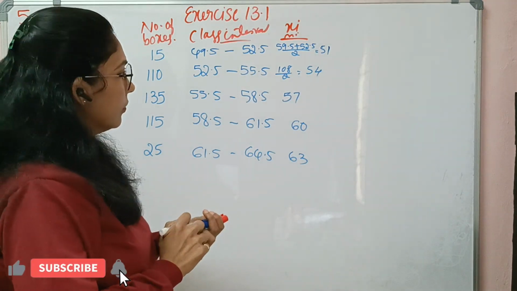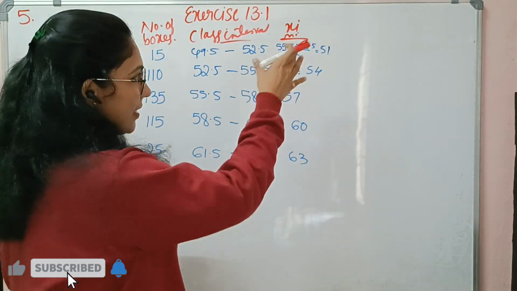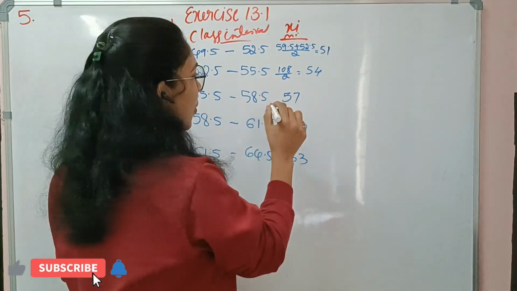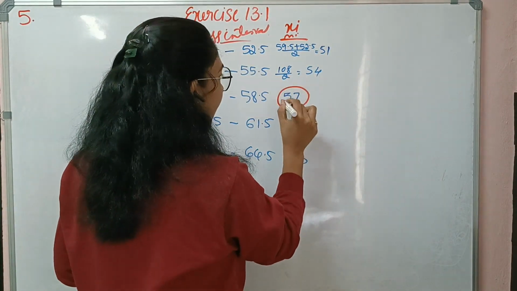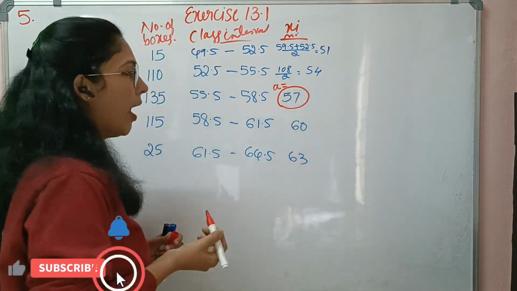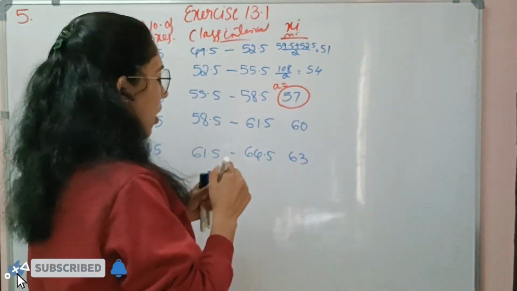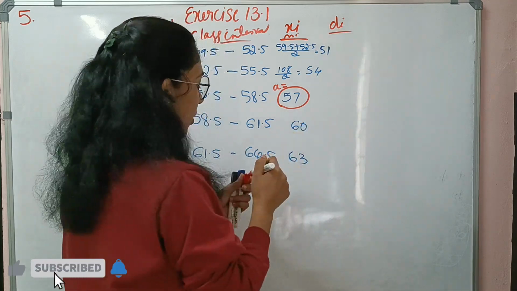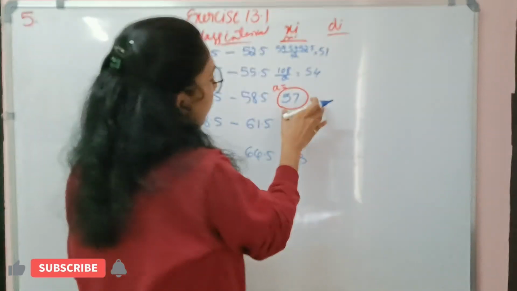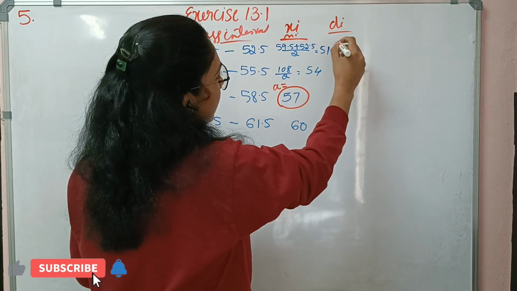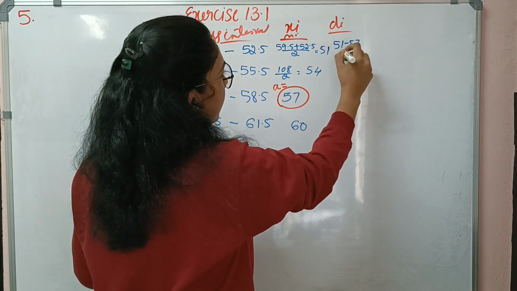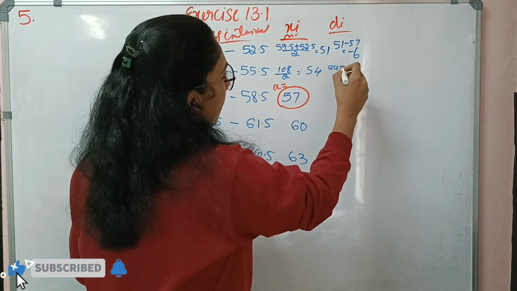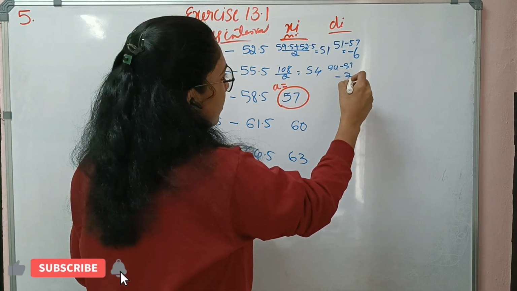Now let's assume a midpoint as the assumed mean. I am taking 57 as the assumed mean. Now di, we have to find the difference. First one is 51 minus 57, it is minus 6. Here 54 minus 57 is minus 3.